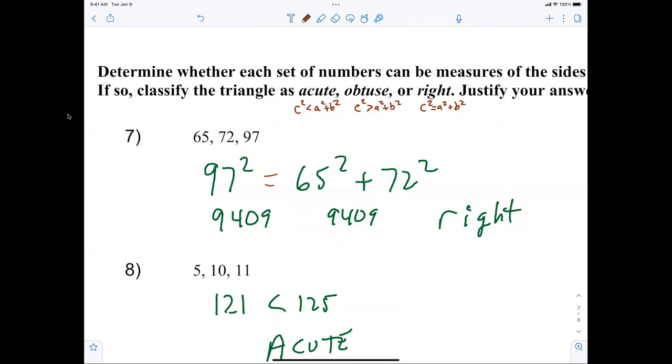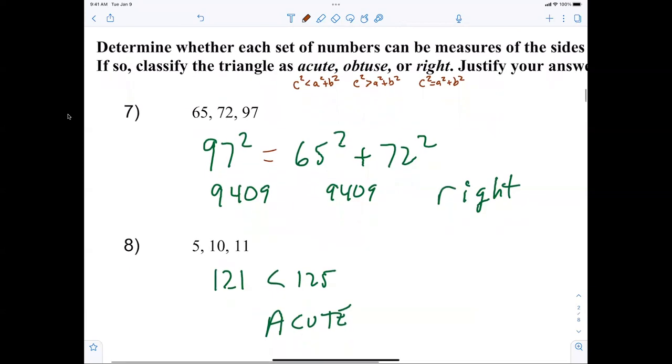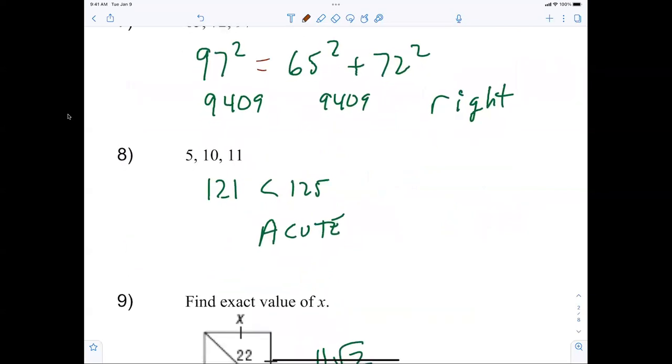Everybody's good with that? 5, 10, and 11. So we're comparing what? 11 squared to 5 squared plus 10 squared. I feel like everybody should be able to look at that and say, that's just less than. So it had to be acute. Now, come on, if you don't know that, you can say that that's kind of obvious now.